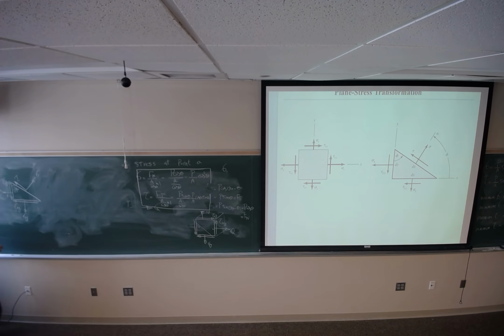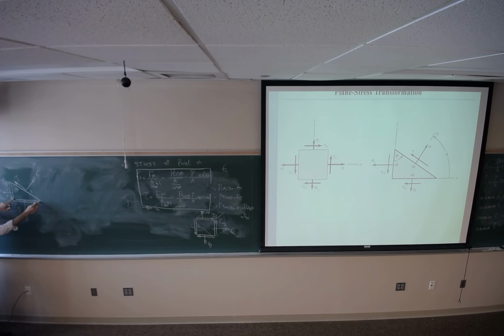So suppose this length is A, and the thickness of the cube is 1. If this is A, this length is going to be A cosine of phi, this length of this triangle.